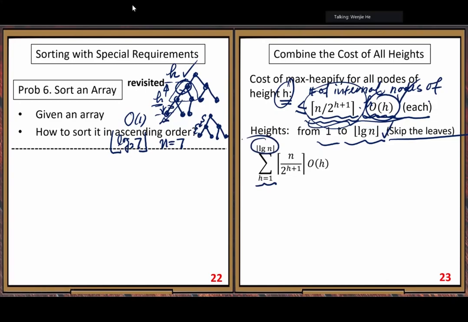Then for each level, the total cost is greater or equal to the ceiling function, multiplied by O of h. So we need to estimate this building cost. If you can complete this summation step, then we complete the building cost estimate step.